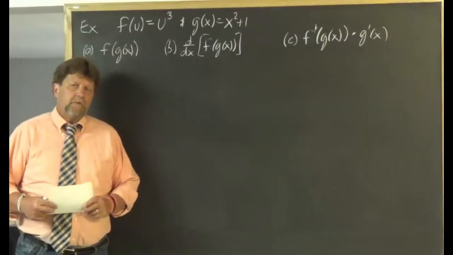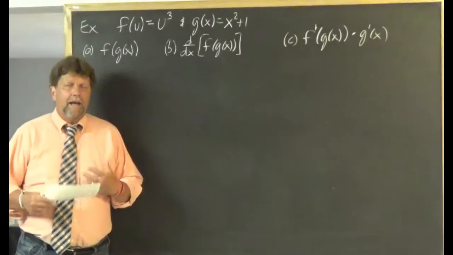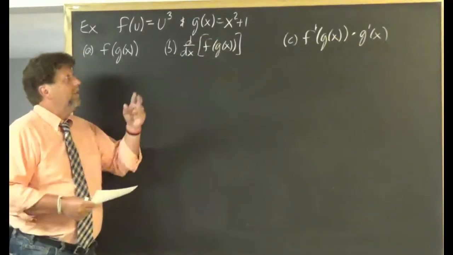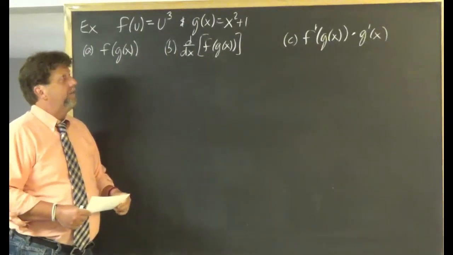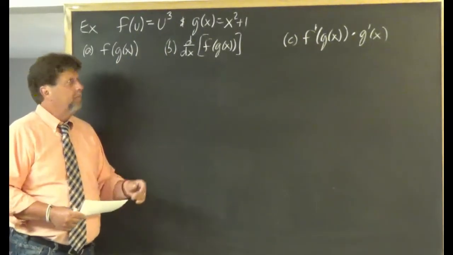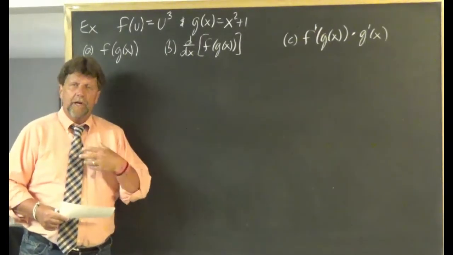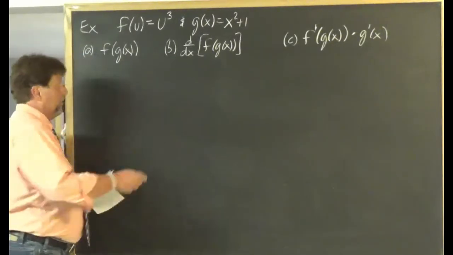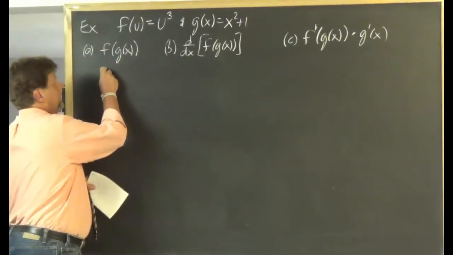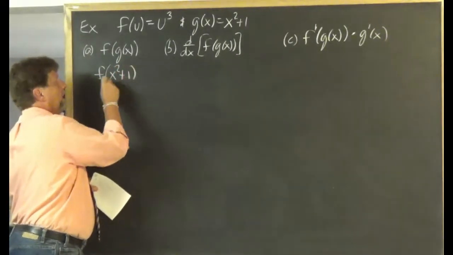All right, folks, I said this was going to be an example to show us what's happening with the chain rule. So I gave you the function f of u equals u cubed and g of x equals x squared plus 1. And I said in part A, we were going to do some old algebra. We were going to determine this composition, f of g of x. Well, remember, f of g of x is just f of x squared plus 1.